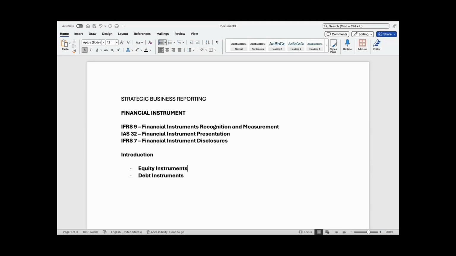So how do you then account for that? When you borrow money, how do you account for that? You need to understand how to account for it from the standpoint of the person borrowing money, and also from the standpoint of the person that is giving the money, both for a debt instrument and an equity instrument.